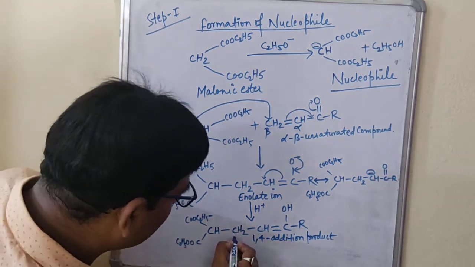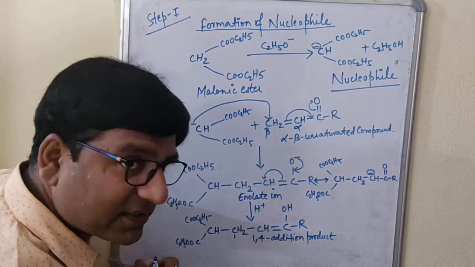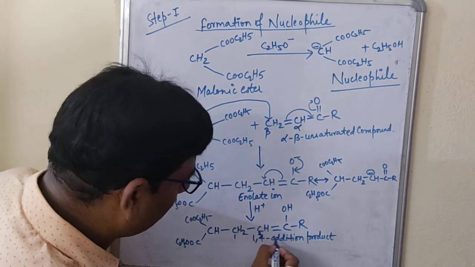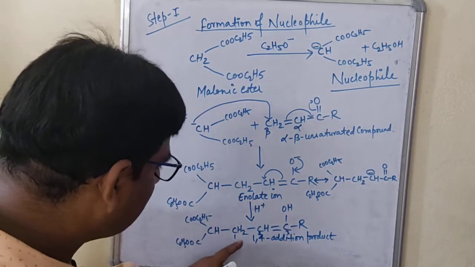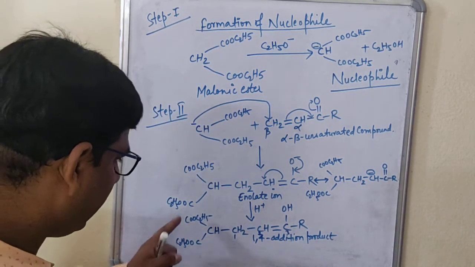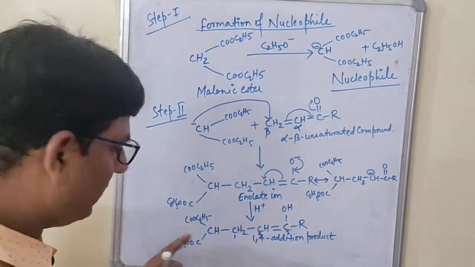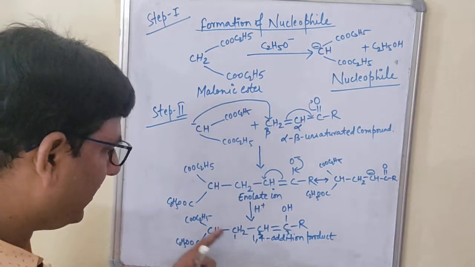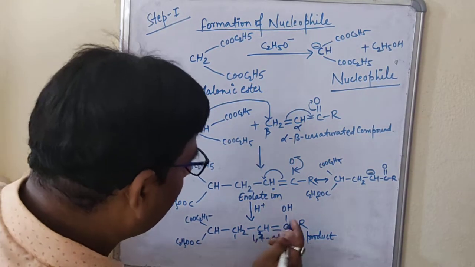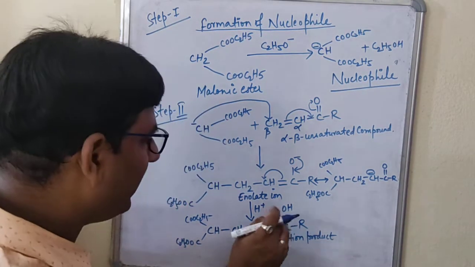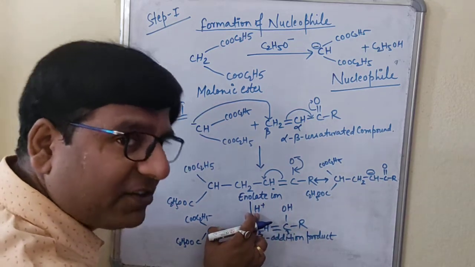We have to consider this as the first carbon, this is the second carbon and this is the third carbon. On the first carbon we have added this COOC2H5, directly linked, and this is the fourth, the oxygen where we have done the protonation.